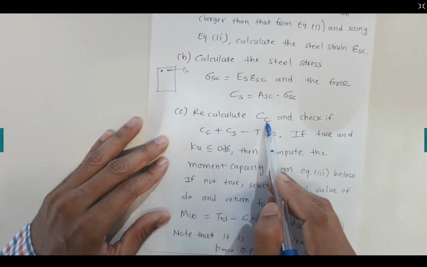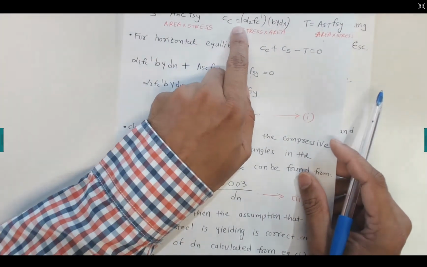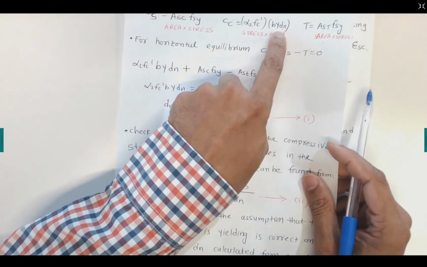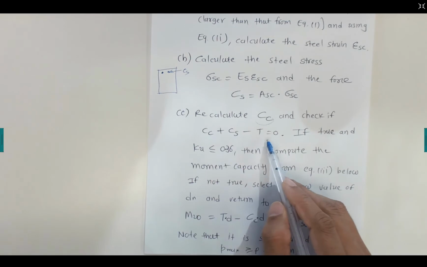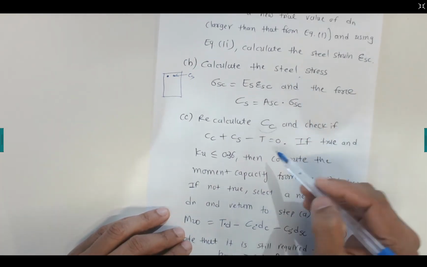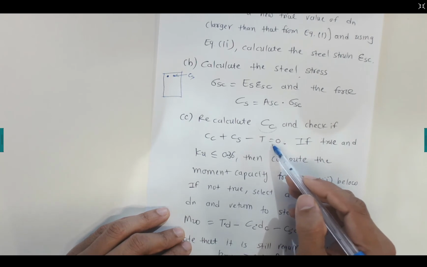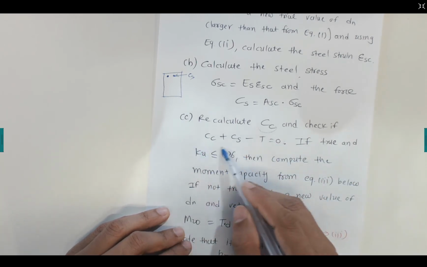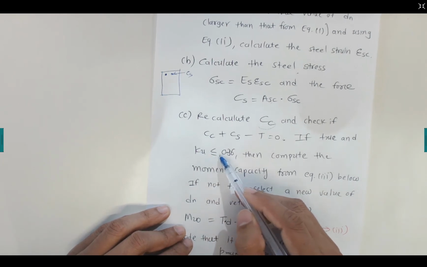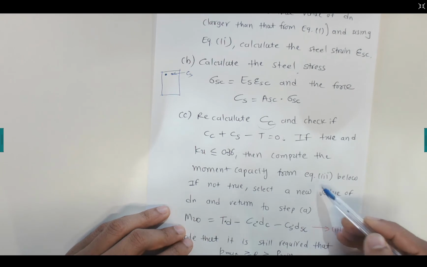We then recalculate the compression force in the concrete using this, because we have a new dn value, and we check whether the equilibrium is satisfied for this new dn. If this is true, then we need to check whether the ductility condition is satisfied, ku less than 0.36, and then compute the moment capacity from equation number 3.